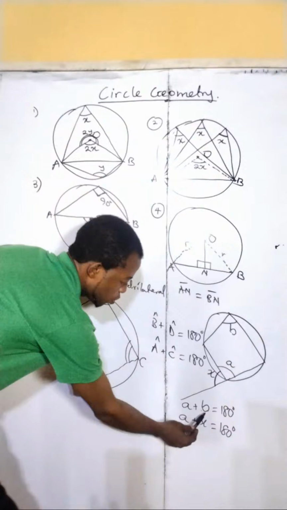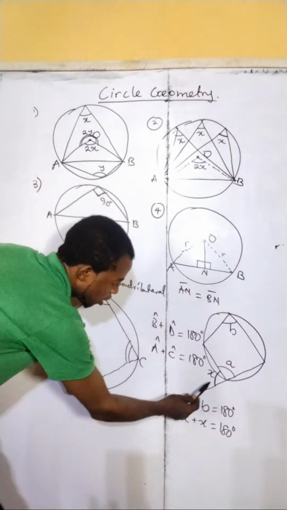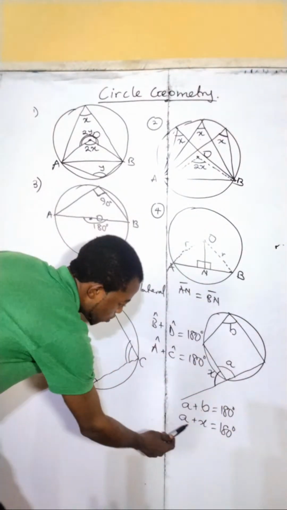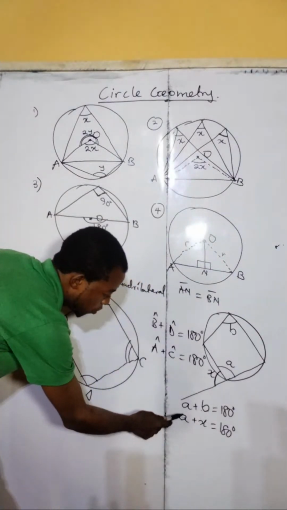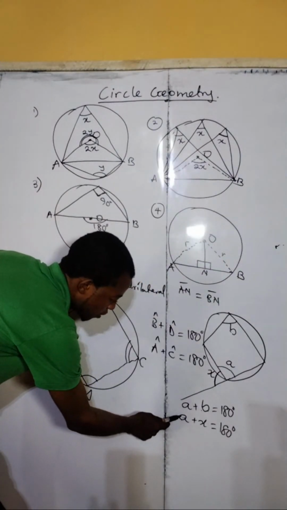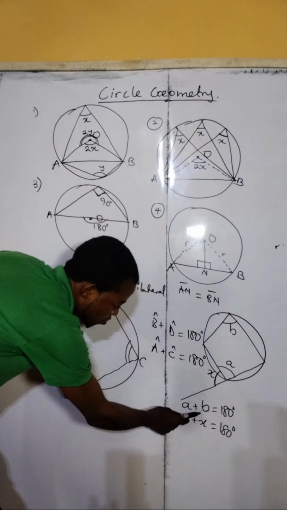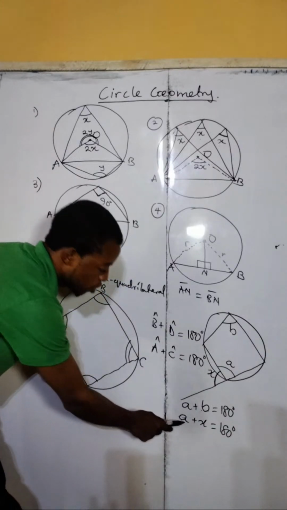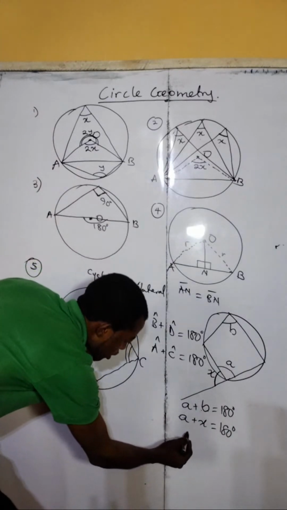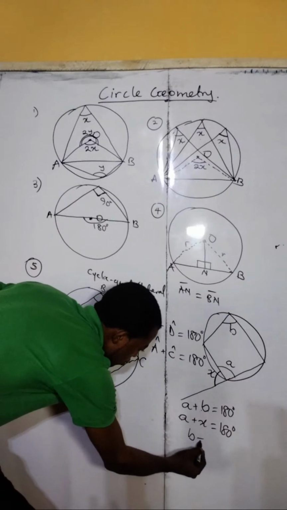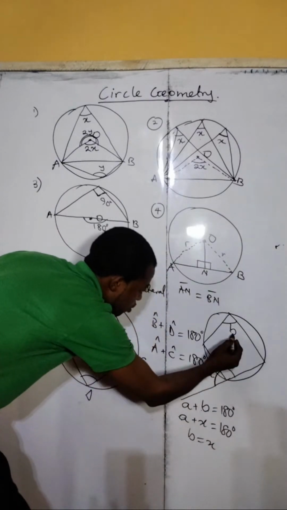Then since A plus B add up to 180 degrees, and also A plus x add up to 180 degrees, they both contain the same thing, A. That means A is equal to A here, of course. And for them to be equal to 180 degrees, it means B also must be equal to x. So that is why B here is equal to x. That's why you can call this place x.